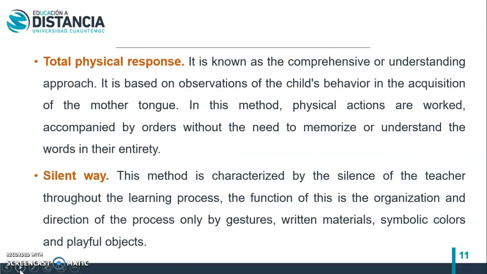Total physical response, it is known as the comprehensive or understanding approach. It is based on observation of the child's behavior in acquisition of the mother tongue. In this method, physical actions are worked and accompanied by others without the need to memorize or understand the words in their entirety.